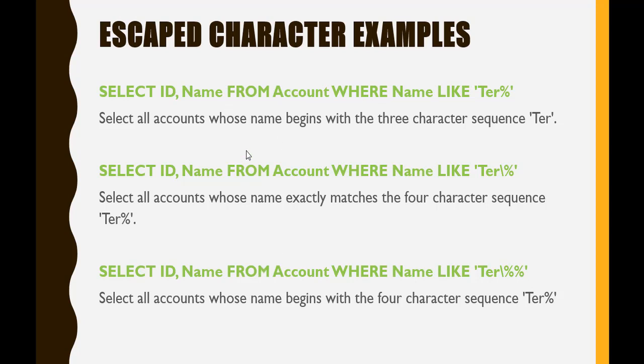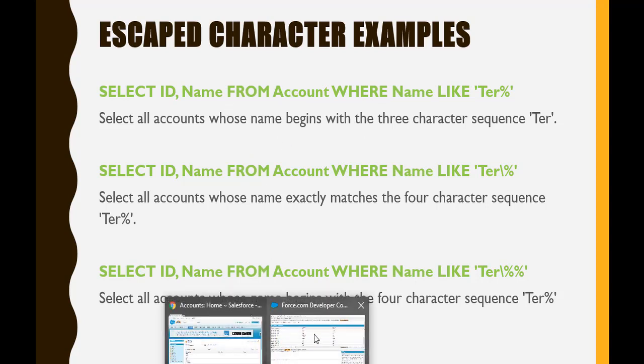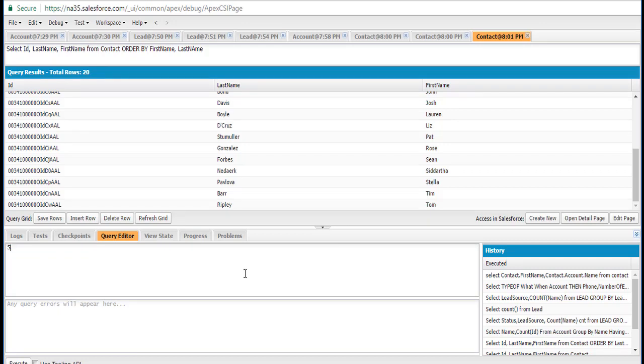So we're going to select the ID and name. We're going to go back to our developer console and say select the ID, the name, from the account table where the name is like TER and percent. What the percent is telling you is that it can have 0 or more characters.